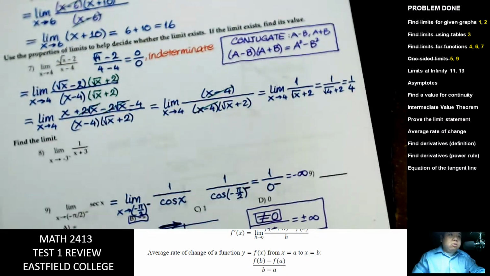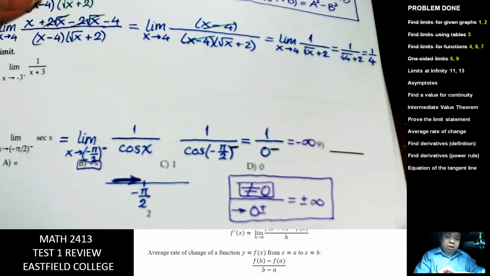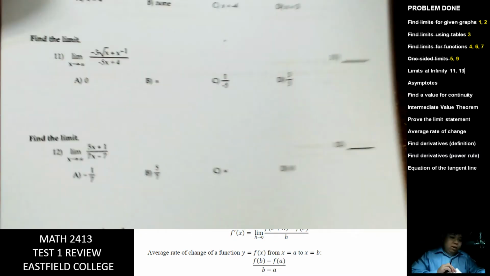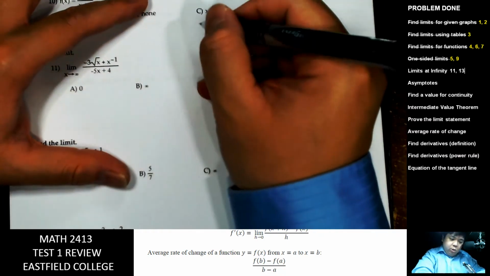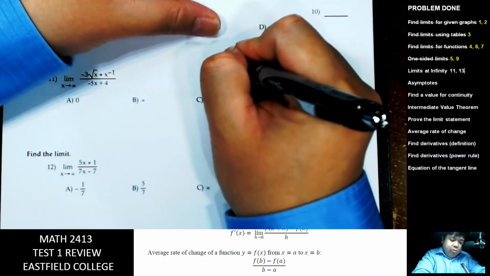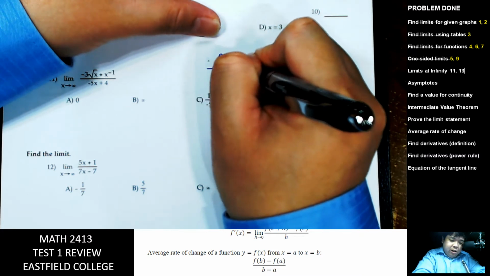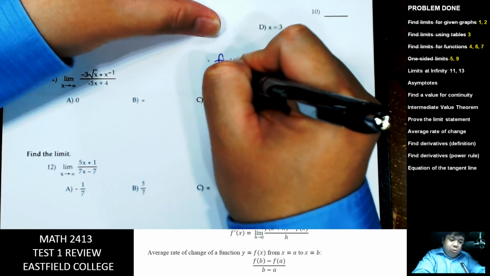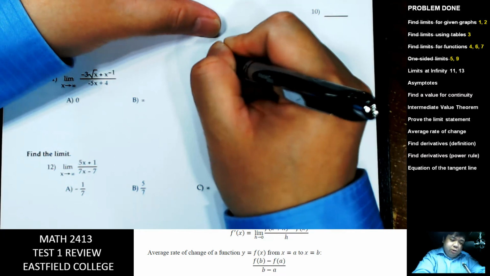From the previous problem we have that formula. Now when we have infinity, there will be something similar to it. Let me just write this down. Sometimes it is not infinity, so we just write finite divided by something that goes to plus or minus infinity. That will be equal to 0.